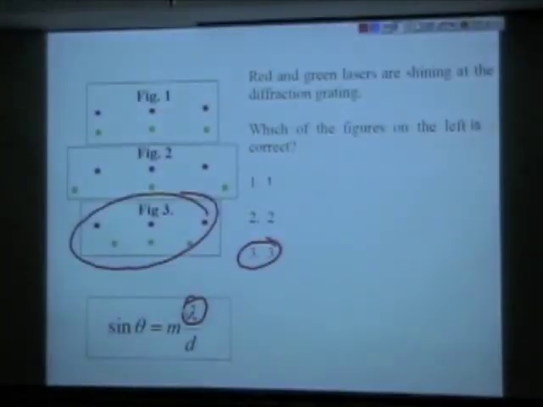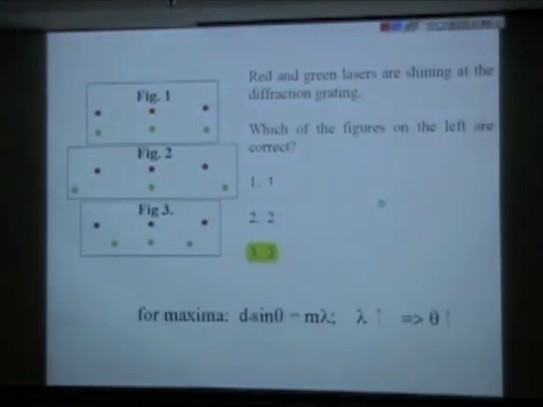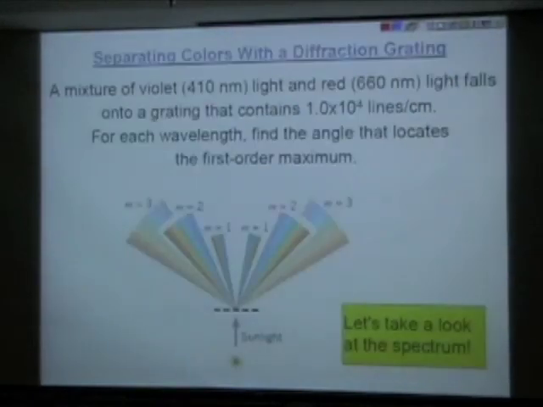The blue is deflected the least, the red is deflected the most. And that is true for all possible optical devices. Double slit, diffraction grating, and we'll see it works for single slit as well.